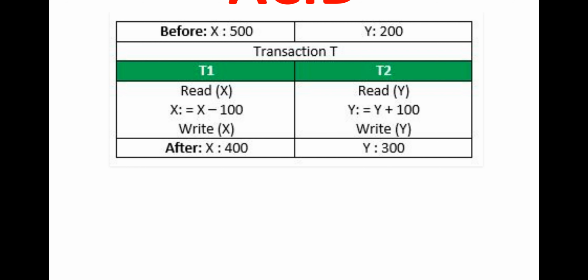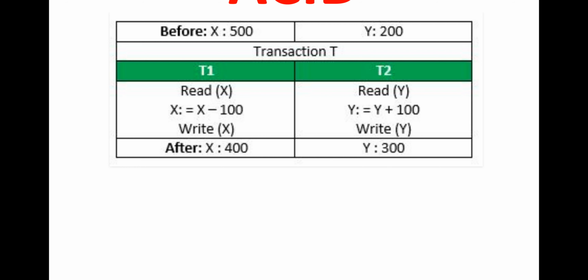If it is available, then it performs the write operation. The write operation deducts the amount that someone wants to transfer from his account to another account, and then writes the new balance to his account.